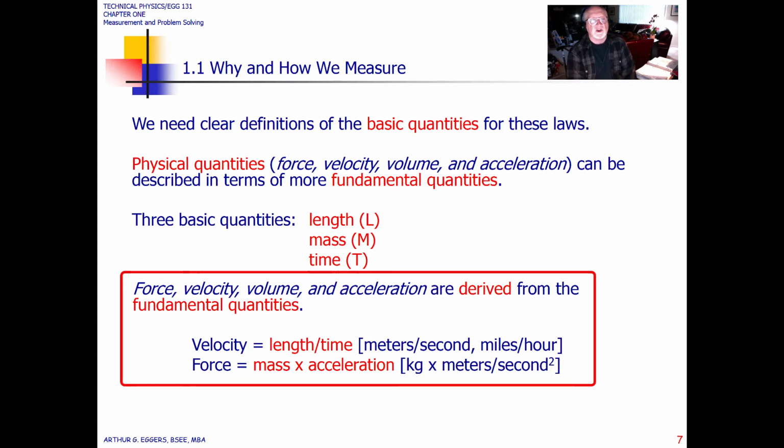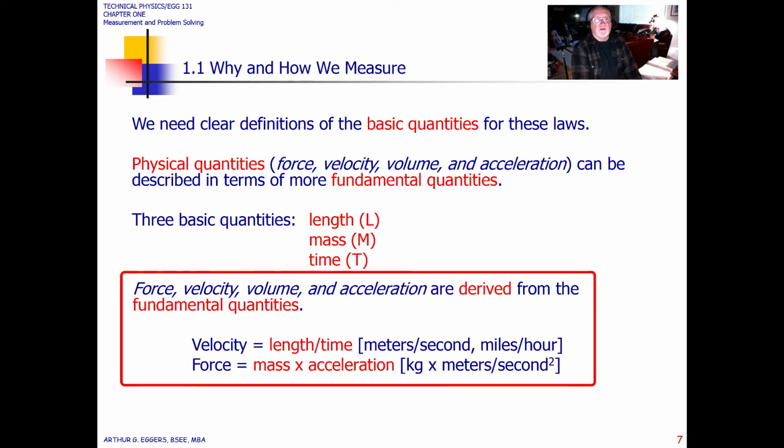As we get into this, you're going to see that those 4 examples, force, velocity, volume, and acceleration, have fundamental quantities from length, mass, and time associated with them. For instance, velocity is length per unit of time, whether that's meters per second or miles per hour.